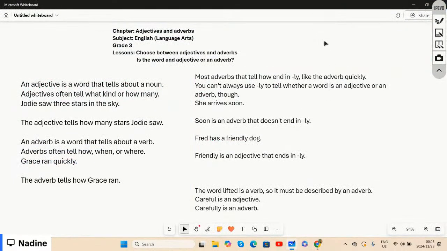All right, so our chapter is adjectives and adverbs. Our subject is English language arts. We're doing grade 3.